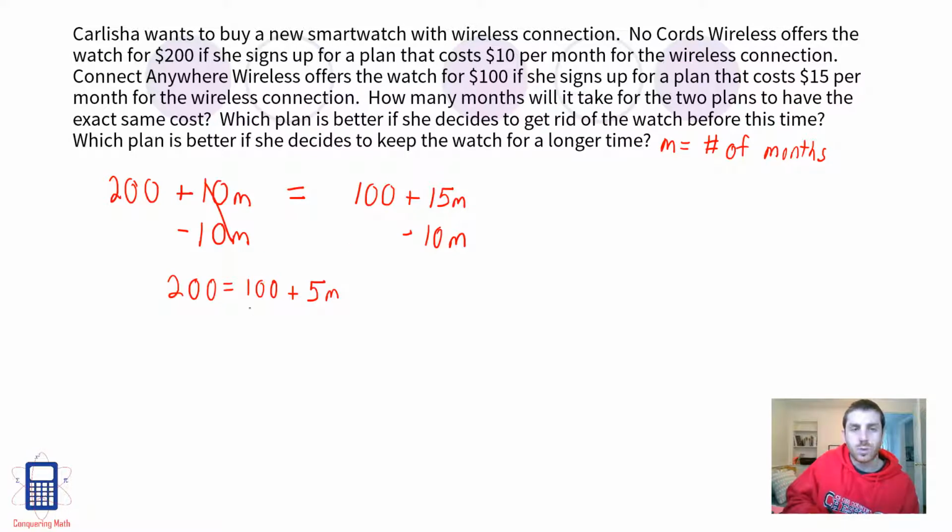Now I need to get rid of this 100. Since it's addition and it's positive 100, I can get rid of it by subtracting 100 from both sides. That leaves me with 100 equals 5m. Now I need to get rid of this 5. Remember, 5m means 5 times m, so we can divide both sides by 5.